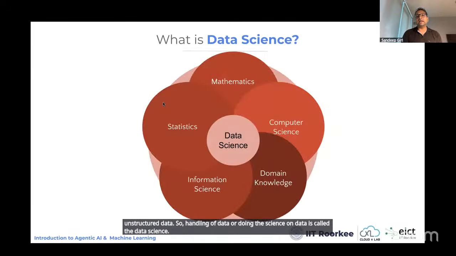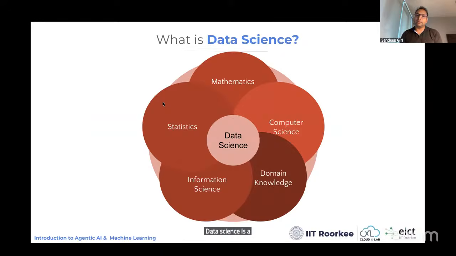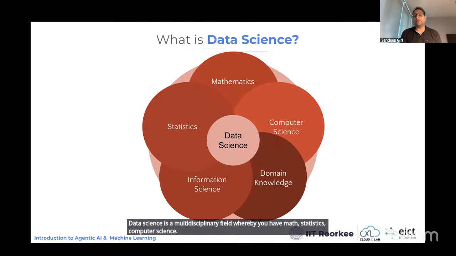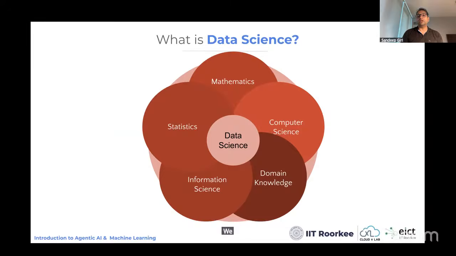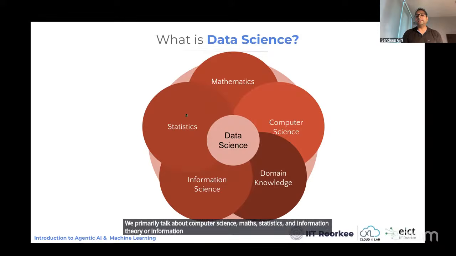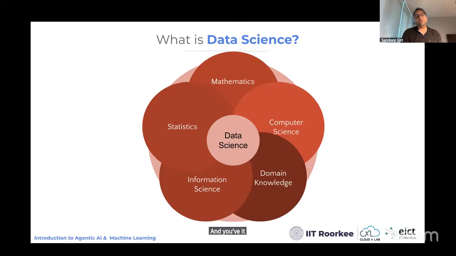Data science is a multidisciplinary field whereby you have maths, statistics, computer science, information science, and domain knowledge, and it's an overlap of all of these. In this course, we primarily talk about computer science, maths, statistics, and information theory or information science. The domain knowledge is something that you bring to the table, and it's the focus that you have.